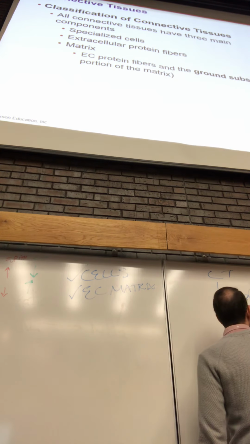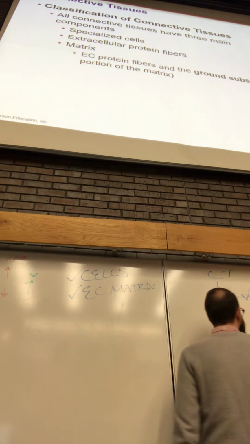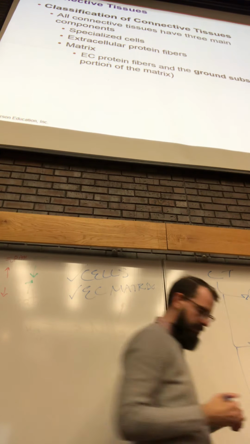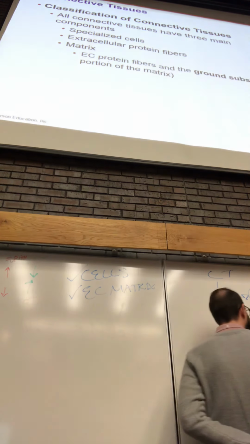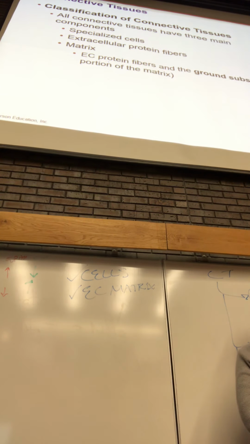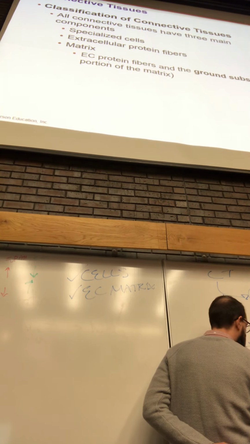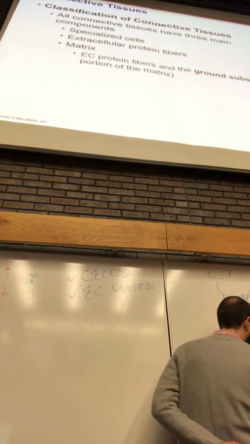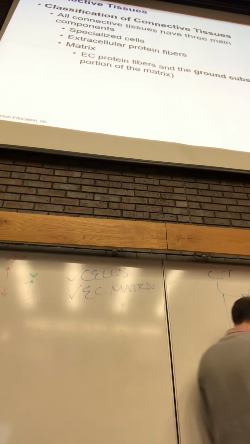The first one we call connective tissue proper. The second is fluid connective tissue. And the third one is supporting connective tissue. Even just by these names, you can tell how different they all are.